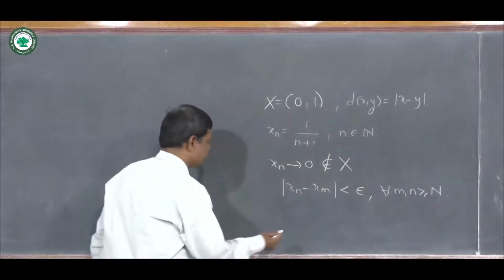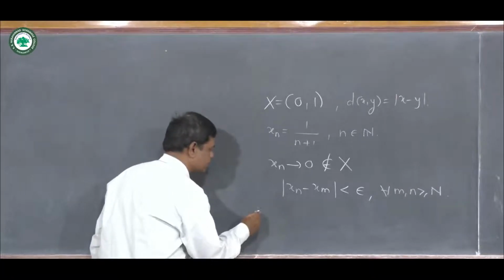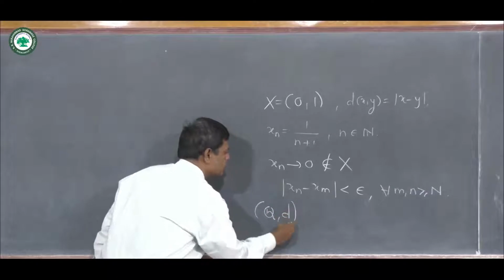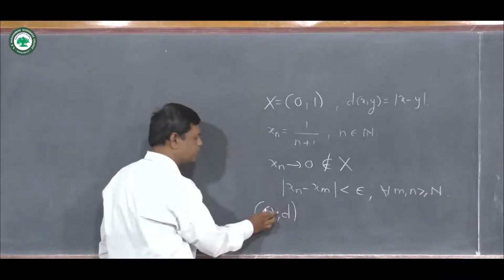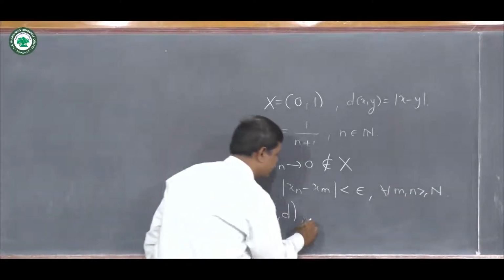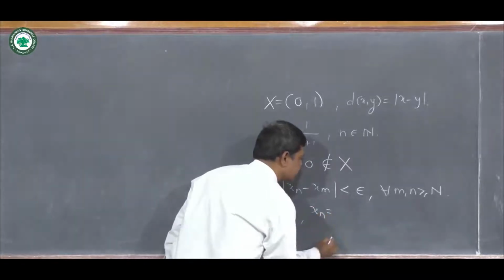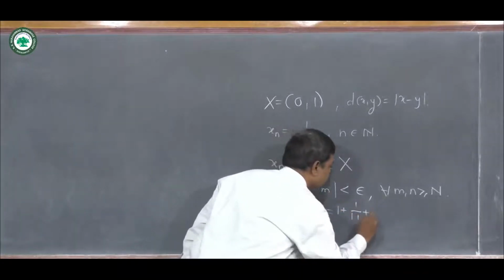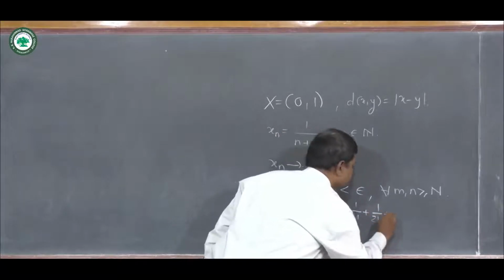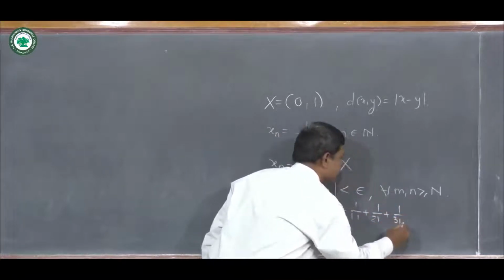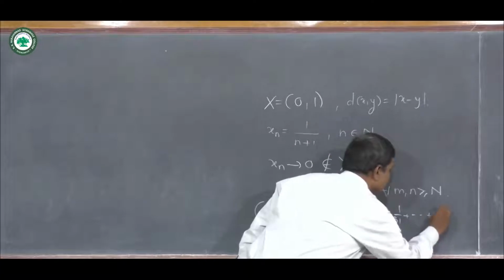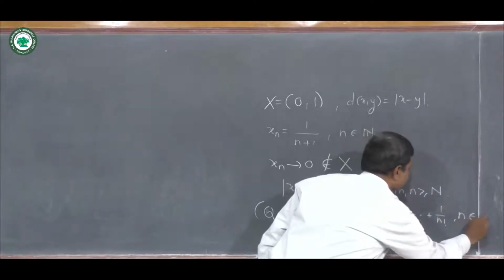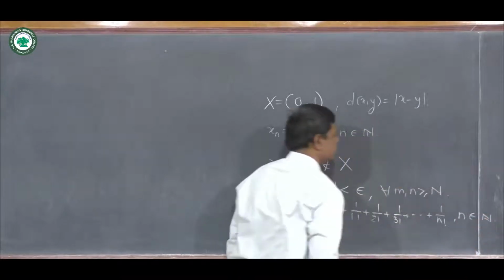Also consider the space Q with the usual metric, the set of rational numbers. Take the sequence xn equal to 1 plus 1 upon 1 factorial plus 1 upon 2 factorial plus 1 upon 3 factorial and so on up to 1 upon n factorial, where n belongs to N, the set of natural numbers.